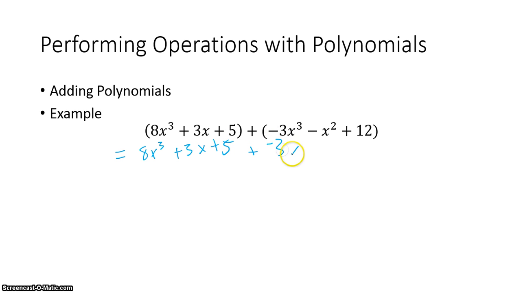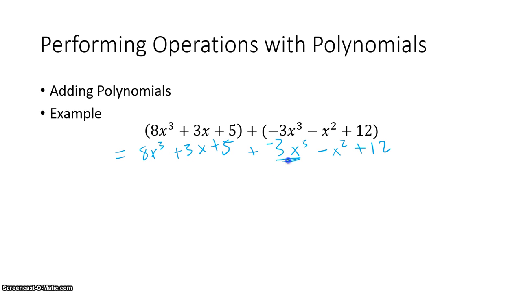Plus minus 3x cubed minus x squared plus 12. Now, the way we add these polynomials together is I like to start at the first term. So 8x cubed is my first term. Now, the degree of this is 3, and I like to look, are there any other terms that have degree 3?